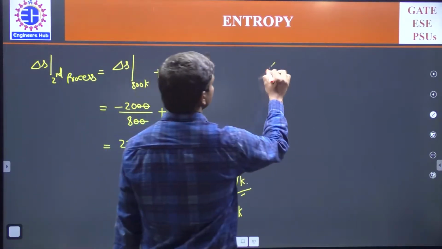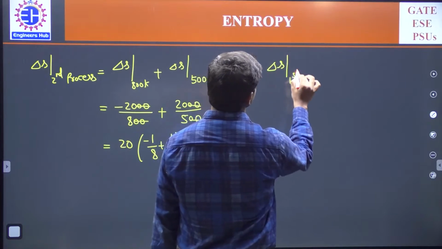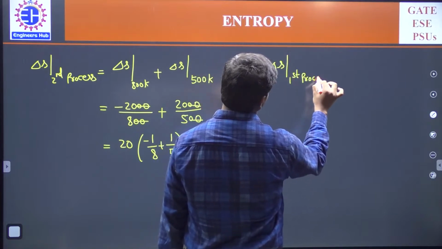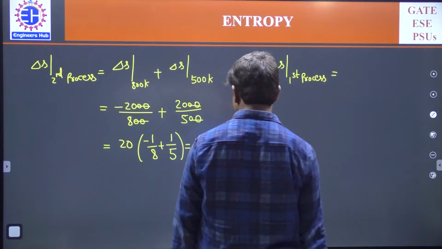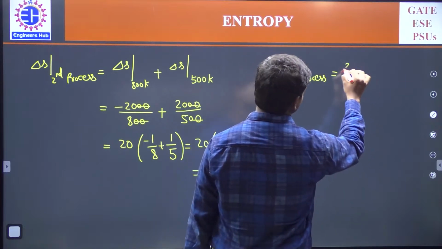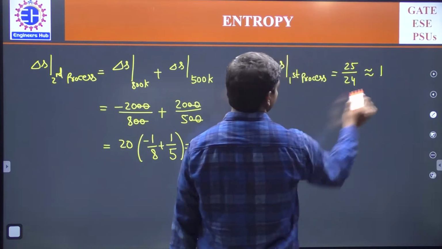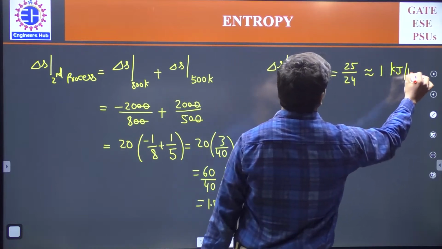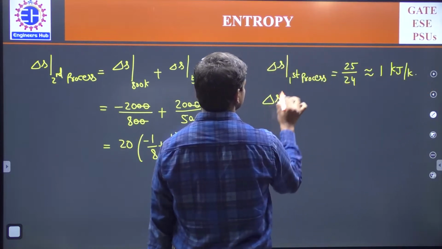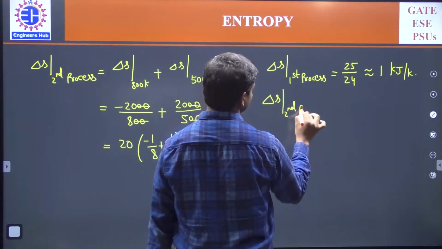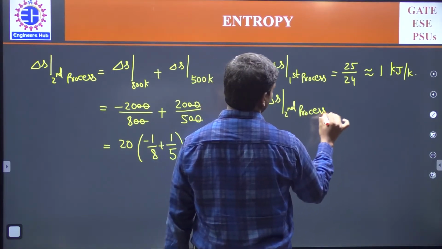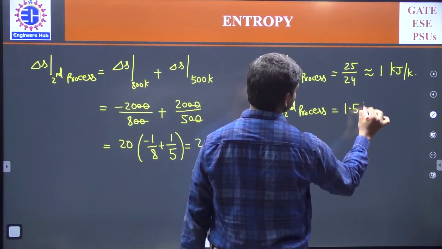So delta S in the first process, if we assume reversible heat transfers, is 25 by 24, which is almost equal to 1 kilojoule per Kelvin. And delta S for the second process is 1.5 kilojoule per Kelvin.